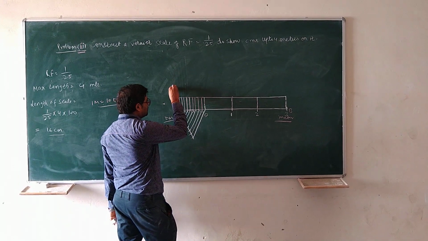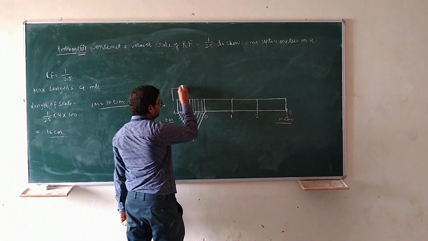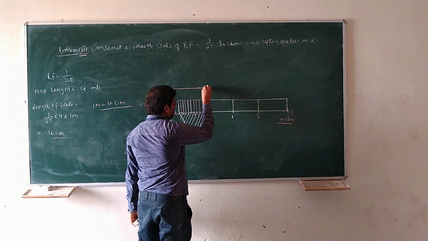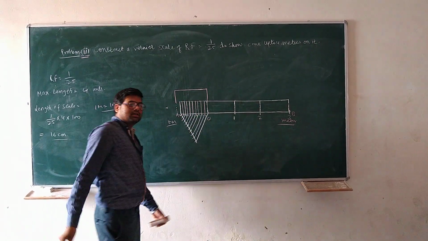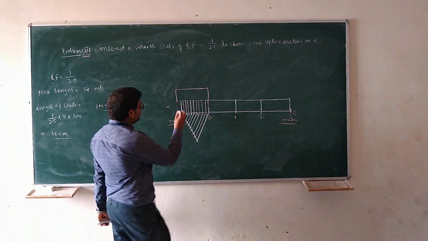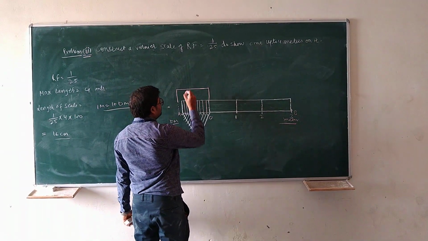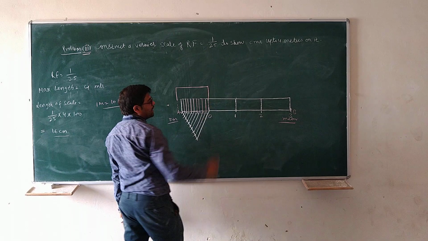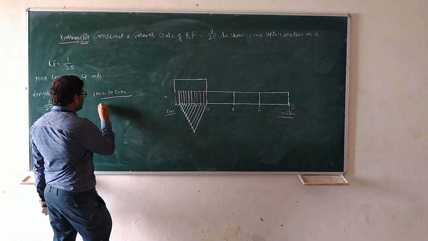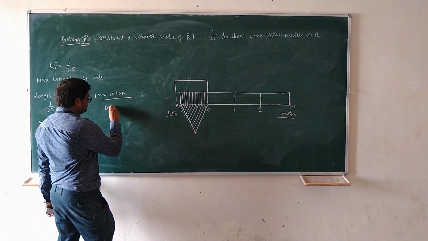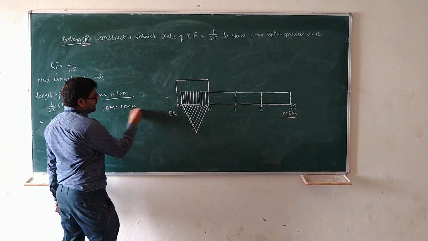So now this is our length, and this height should be 1 centimeter, or you can use any other height. And now this part is again divided into 10 parts, because 1 decimeter is equal to 10 centimeters.